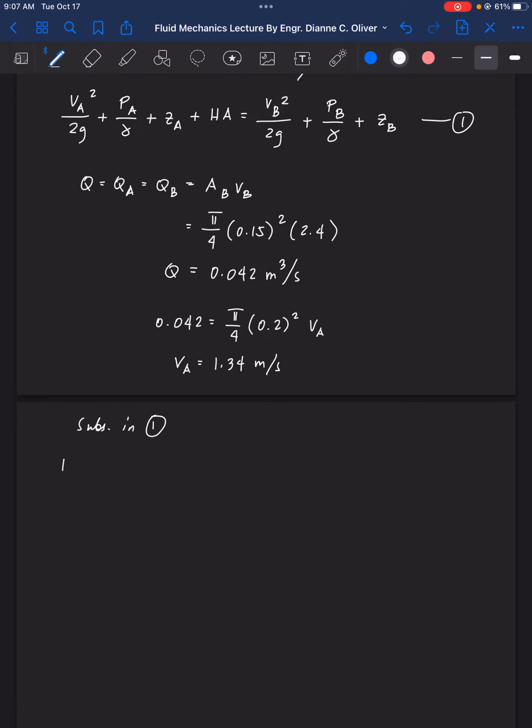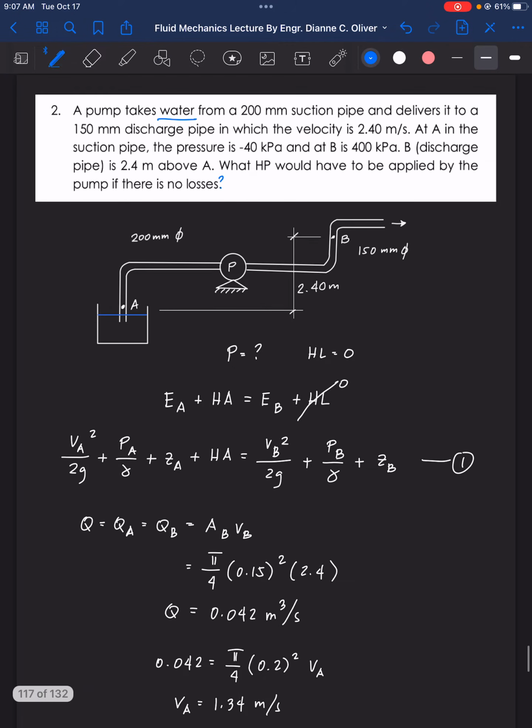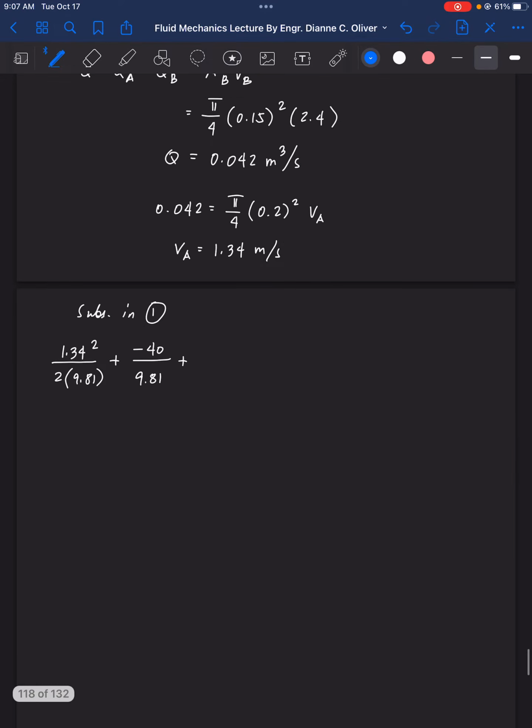So our VA is 1.34 squared all over 2 times gravitational acceleration, plus negative 40 kilopascal, and we're using the liquid water, 9.81, plus what's the elevation at A? We're going to use this as a datum line, meaning this is our elevation 0. So our elevation for A is 0, plus energy added equals velocity head at B.